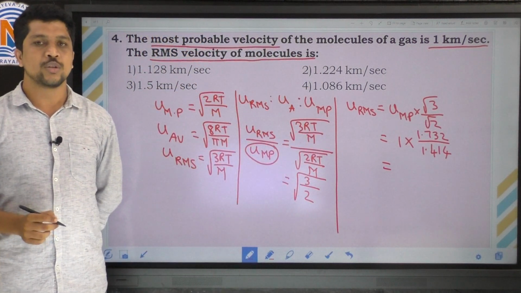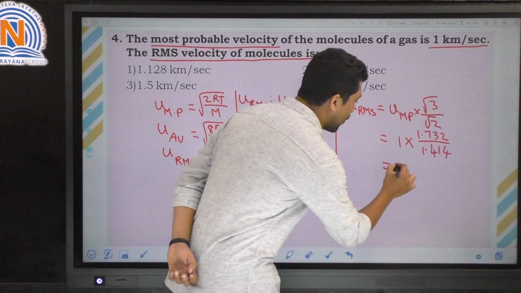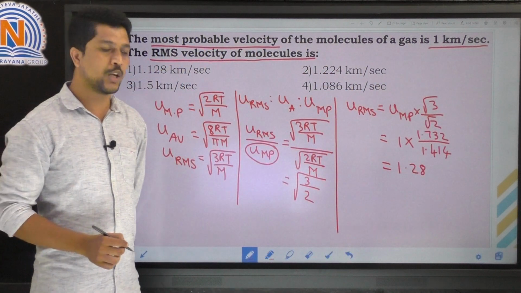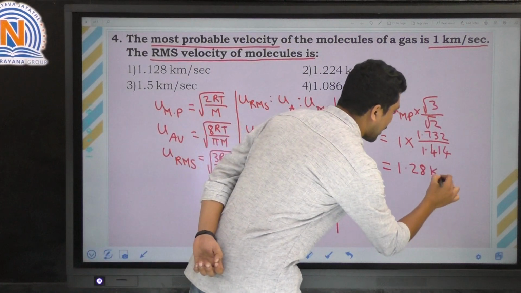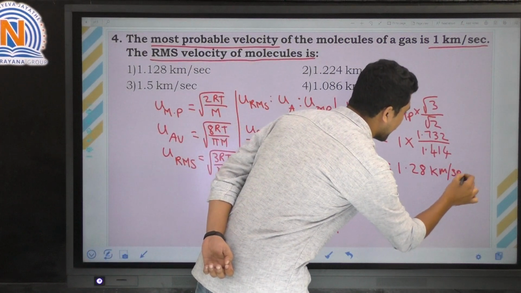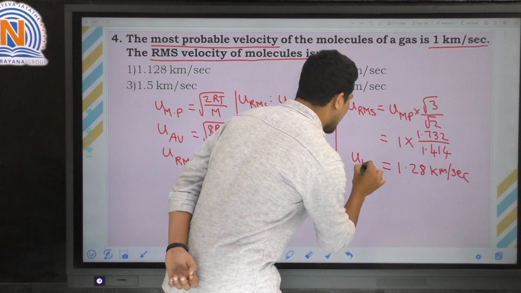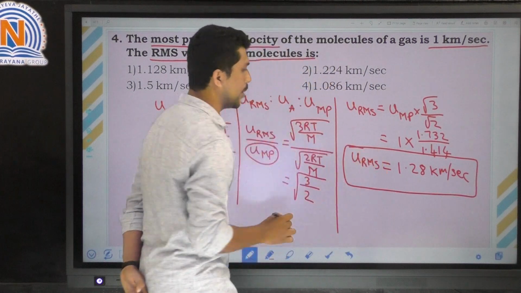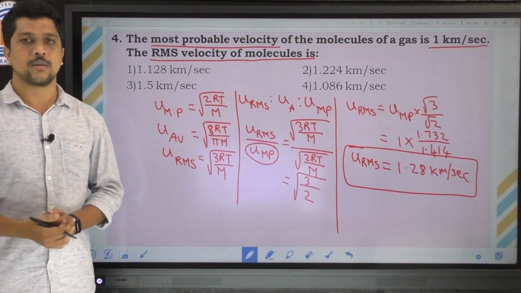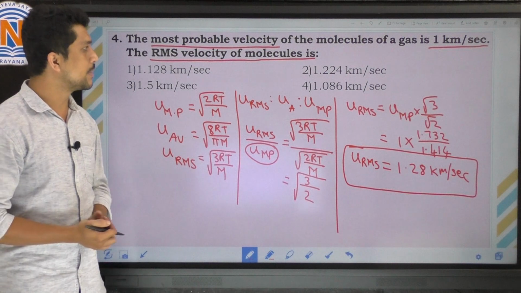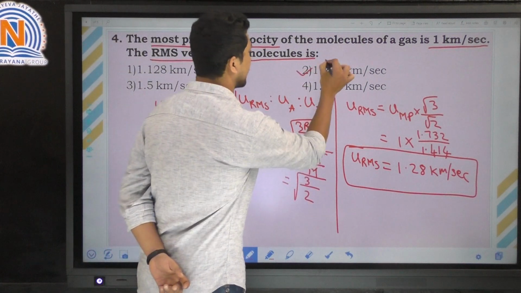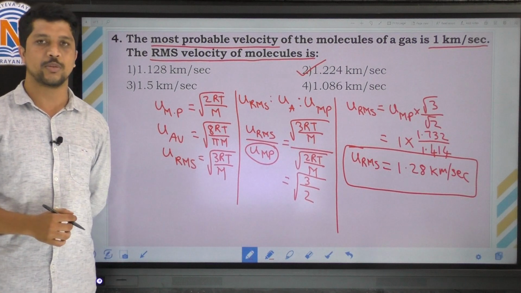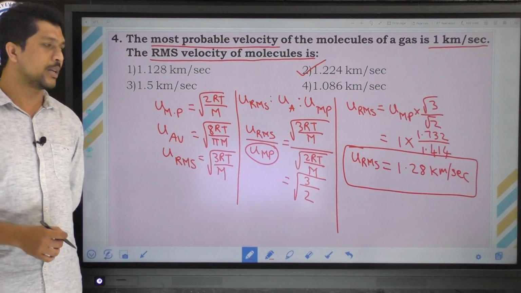If you solve this, you will get a value around 1.22 kilometer per second. So URMS is approximately 1.22 kilometer per second, so the correct option is the second option, 1.224 approximate value. Clear? Let's move on to the next problem.